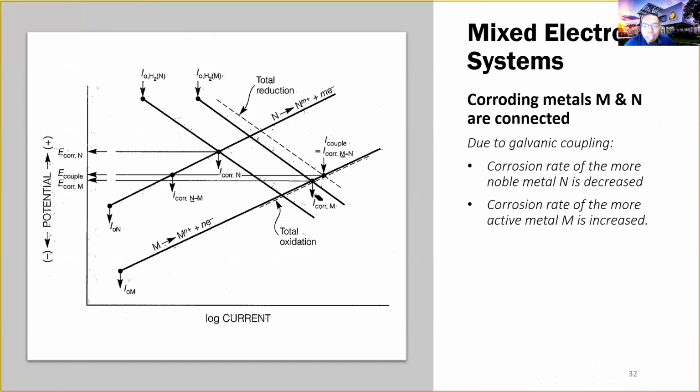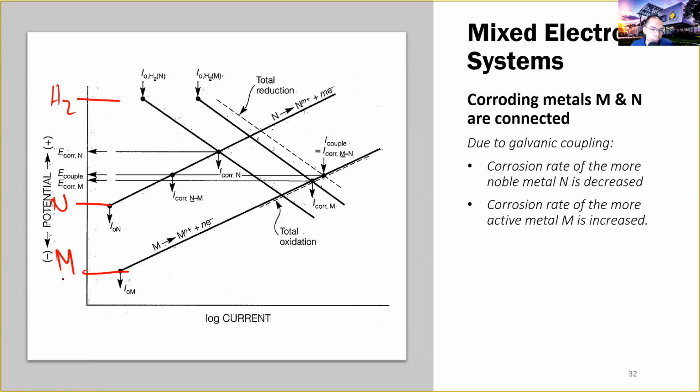So what now if we have two corroding metals in, let's say, an acidic solution, an acidic environment. So dito makita natin that both metals M and N would corrode since their reduction potential is less than H2.